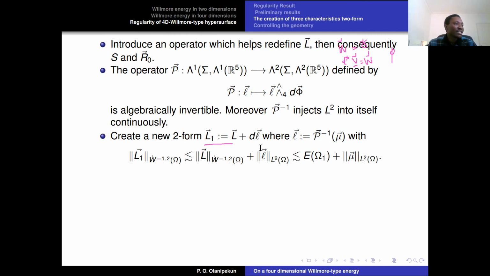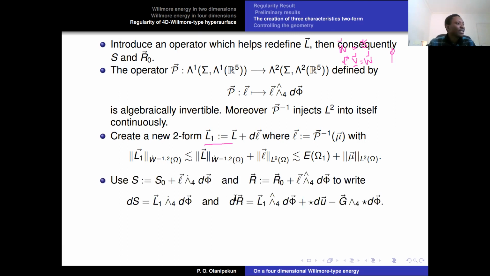We also redefined L to be L1 this way, and of course we bound L1 in W minus 1, 2. Then we obtained the S and the R, and they satisfy an analogous differential identity as S naught and R naught, which is what is here.